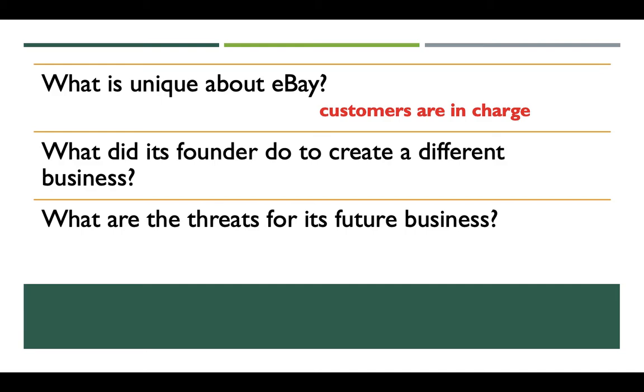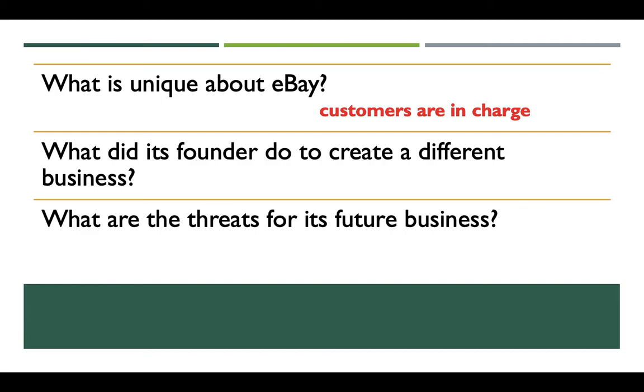And finally, what are the threats for its future business? So in the end, it points out that eBay is not the only online auction site anymore. Now we have a lot more. To use some examples in Taiwan, we have PChome, we have Yahoo, we have Shopee.